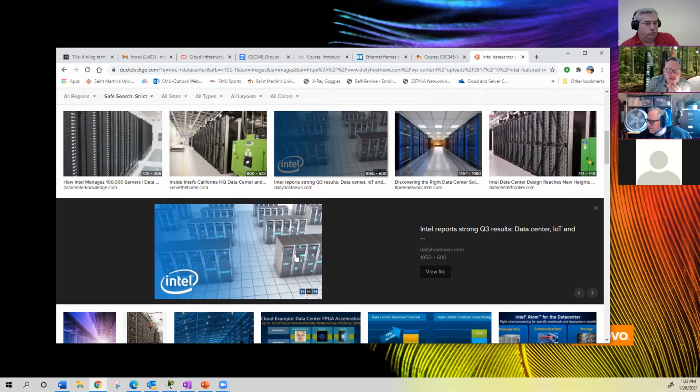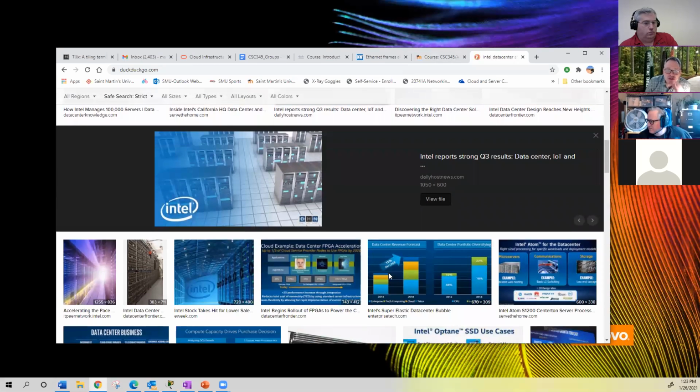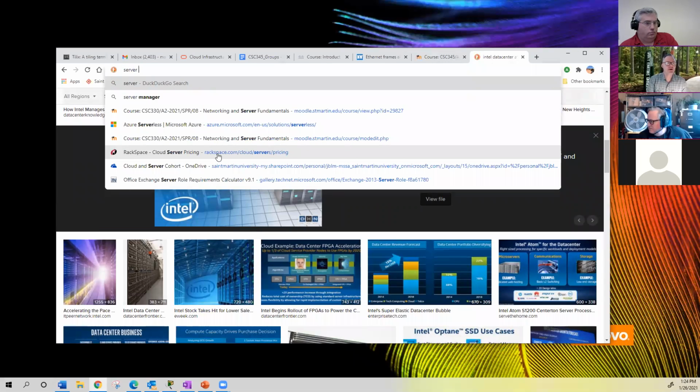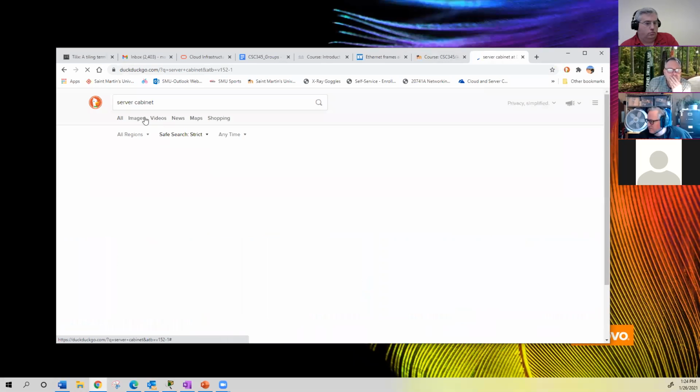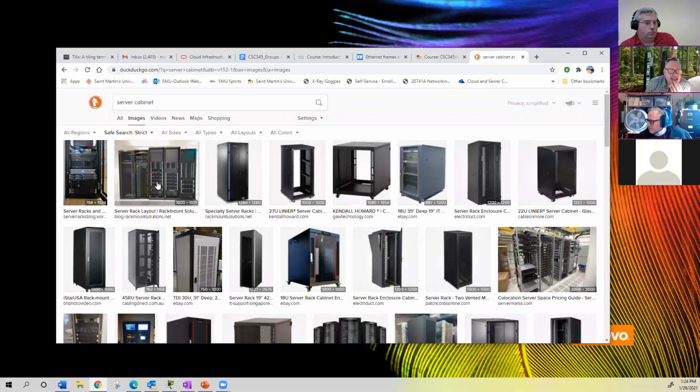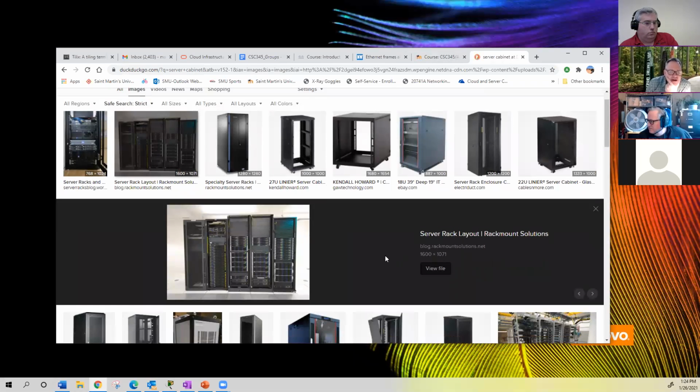Now, there's different types of cabinets. Some are glass, so no air can go through, and the airflow has to come up from underneath. Most, though, if you look at a server cabinet, you have something like this, where you have the cabinets, you have servers mounted in there.